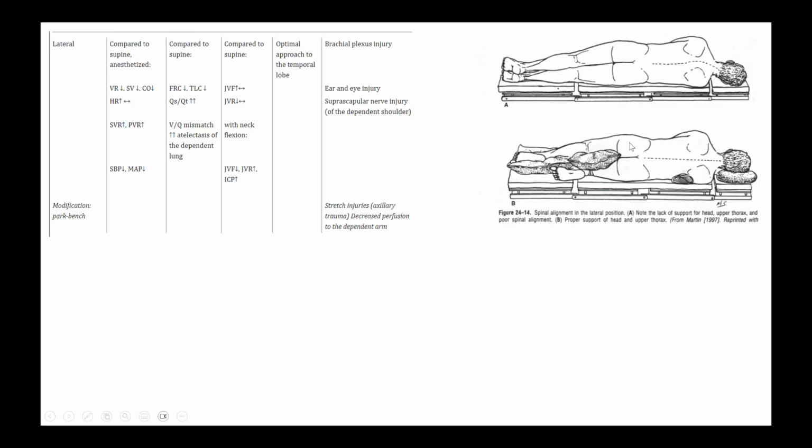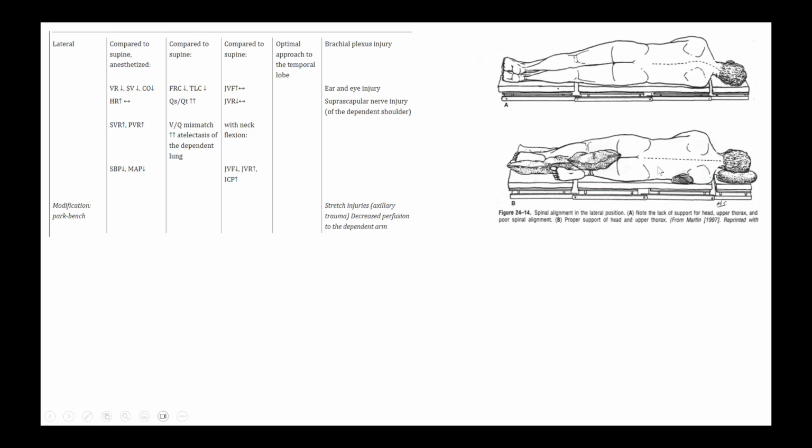So when you put a patient in lateral, there are two important things that you have to take care of. In the top one, you can see that the head is at a lower level compared to the trunk. So there is a flexion of the cervical spine, which is at a lower level compared to the thoracic spine.